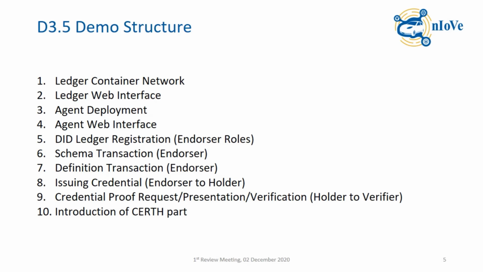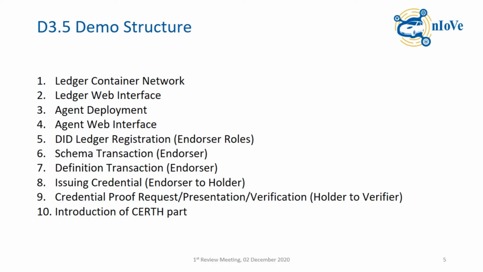The demonstrator shows the bootstrapping of the nIoVe Trust Management Container Network. The bootstrapping phase deploys all required agents and interfaces for the software update. The agents are the government or admin party, and two issuers in the form of the vehicle registration and software certification authority.